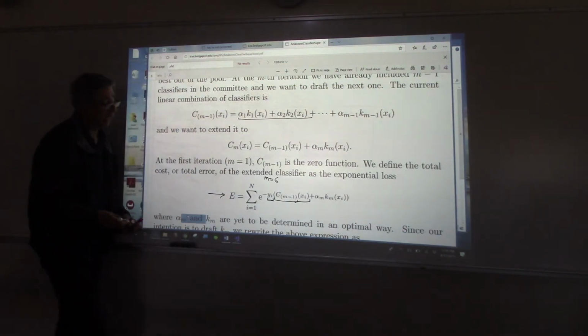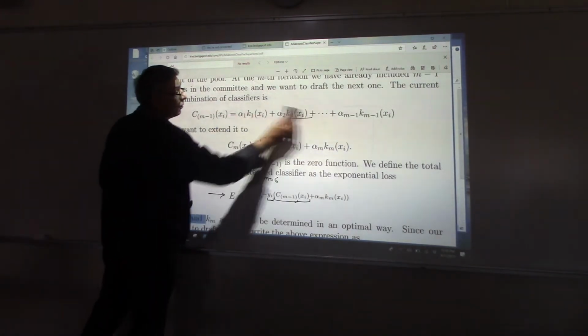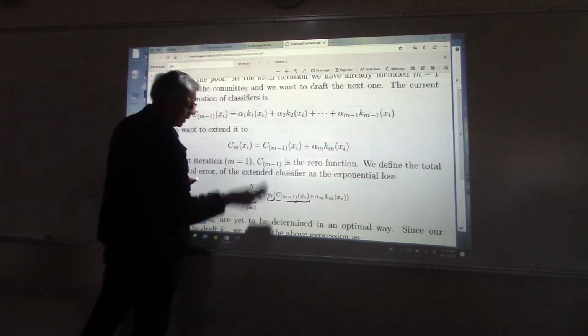Can you guess what yi is? Expected output, which will be what? What are the choices for yi? 1 or negative 1. Okay, so let's go over here, how this will be done.